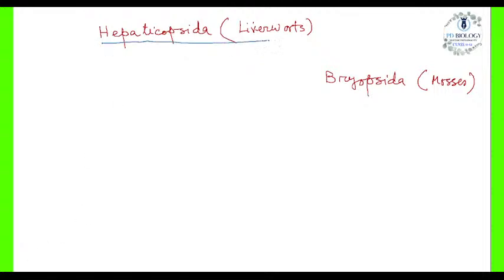Under Hepaticopsida, the Riccia and Marchantia are there.